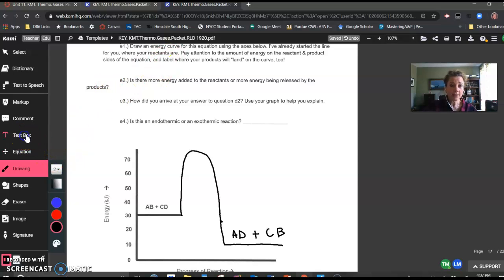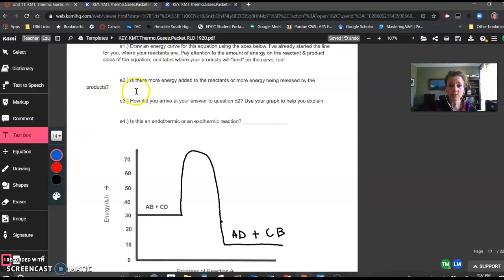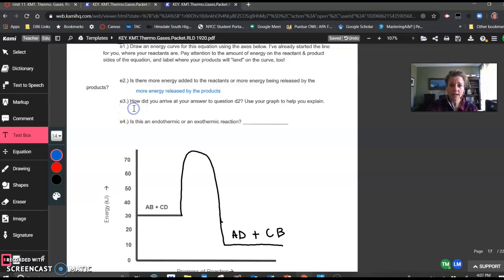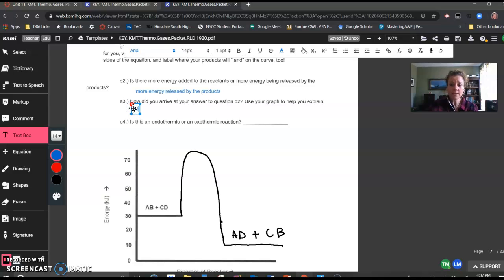Is there more energy being added to the reactants or more energy being released by the products? Well, we have more energy released by the products. And how did we arrive at our answer? Well, 60 kilojoules is greater than 40 kilojoules, from the equation.